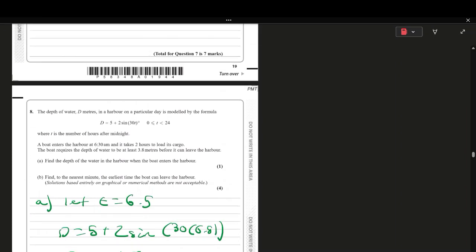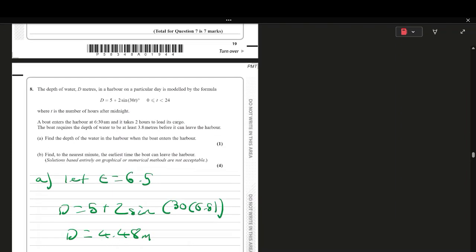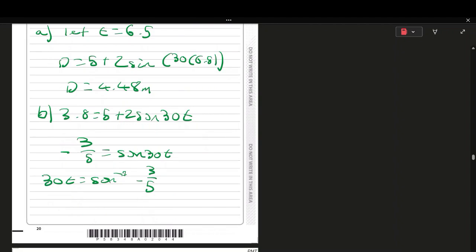But because it's 30t and we've only got t here, this will be the same as 30t plus 720. But because we only need to find the earliest time, it won't be that much of an issue. So if we do the arc sine of negative 3 over 5, we'll get negative 36.869.